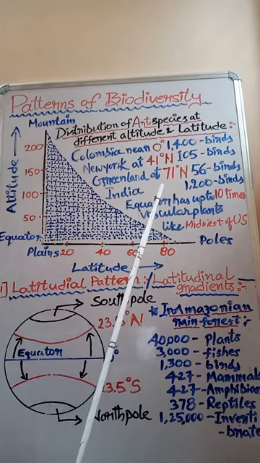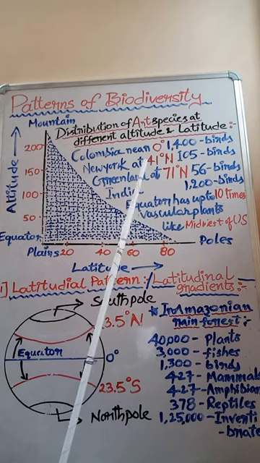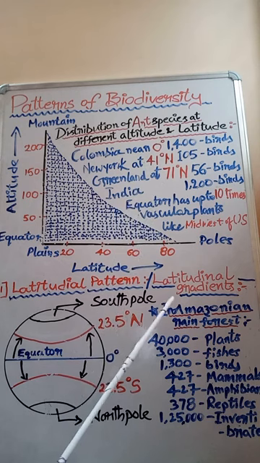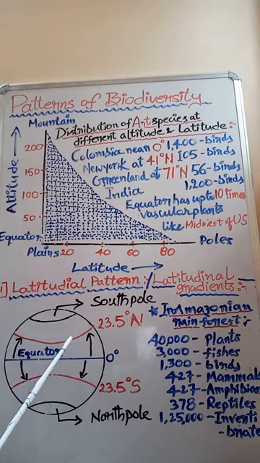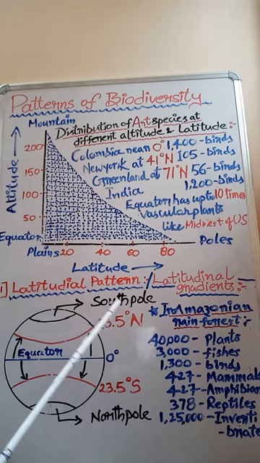So here is one interesting point I would like to bring to your notice. Coming to this diagram, the latitudinal pattern, when we move away from the 0 degrees equator towards the poles, the species richness decreases.